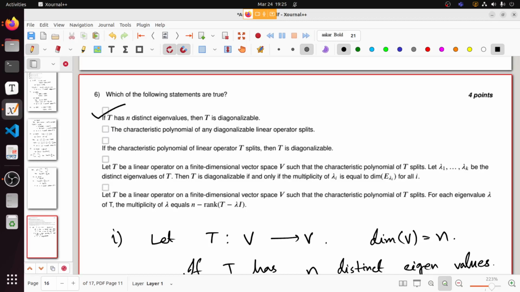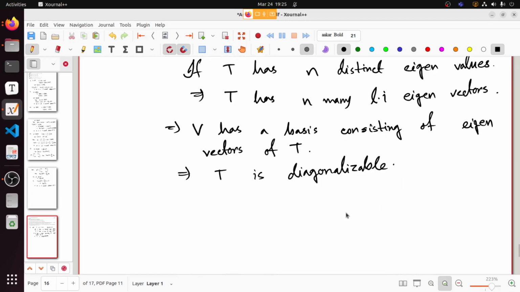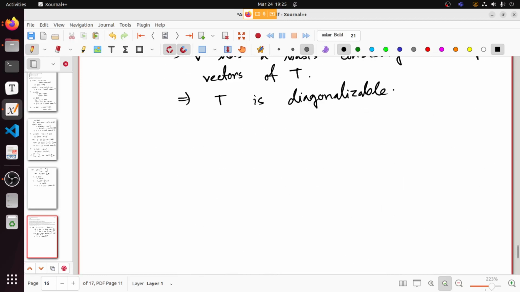Now check the next option. The characteristic polynomial of any diagonalizable linear operator splits. So what does it mean that the characteristic polynomial splits? Splits means the polynomial can be written as a product of linear factors.